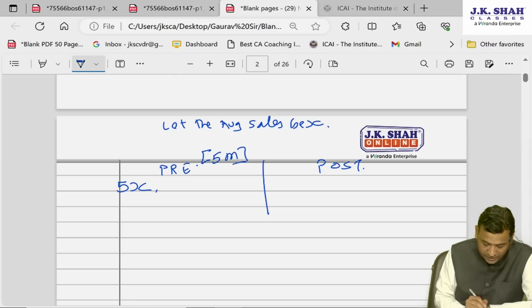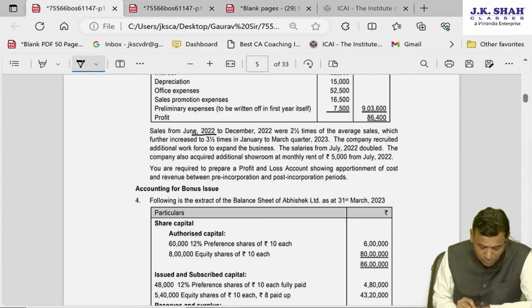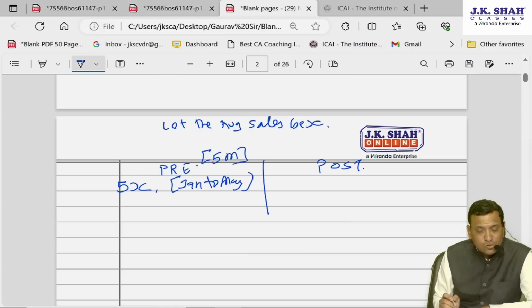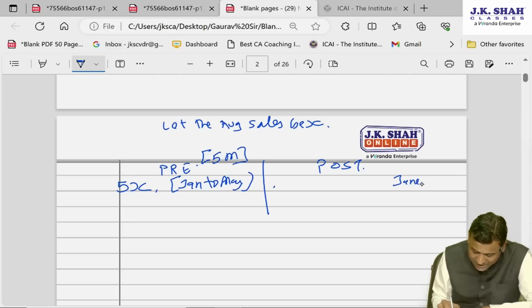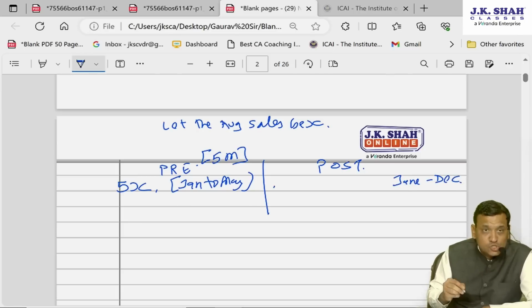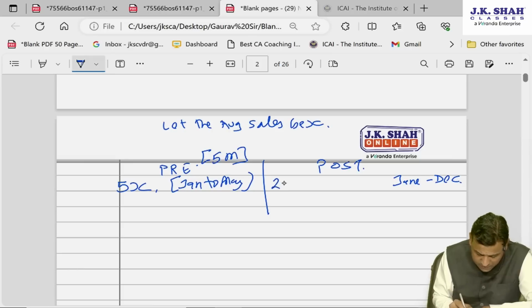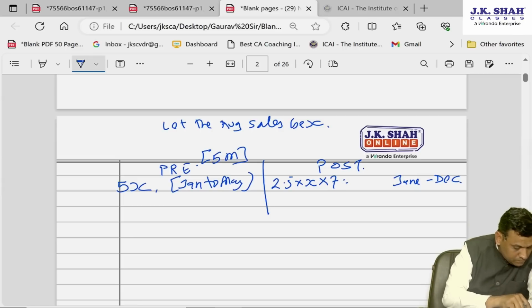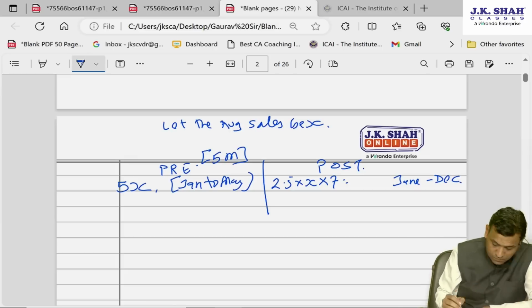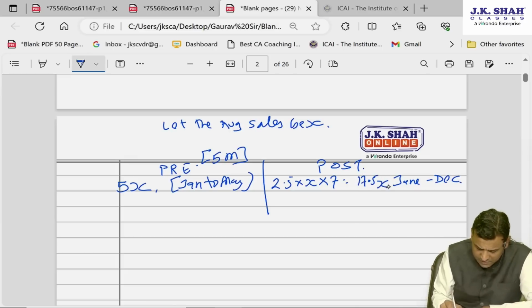And what is happening in the post-period? 5X is nothing but January to May. But the information says that from June to December, so June, July, August, September, October, November, December, it is 2.5 times the X, nothing but 17.5X.